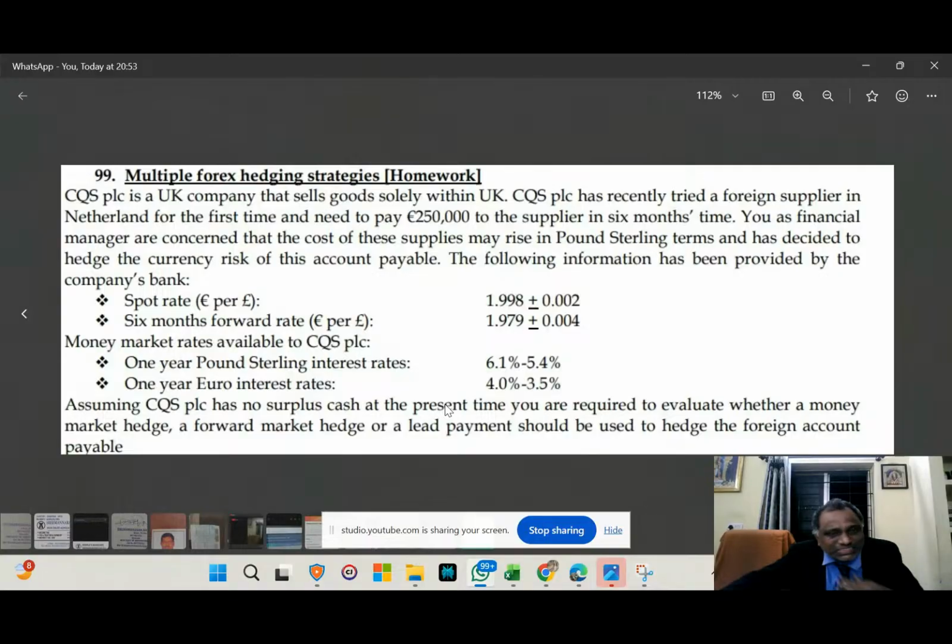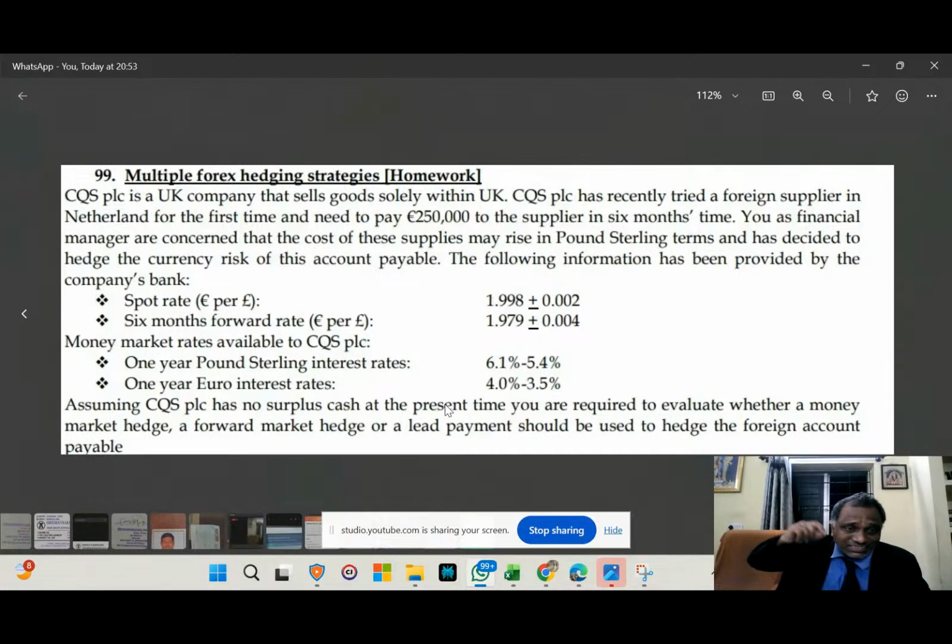The 6 months forward rate, 1 euro per dollar, 1.973, 1 euro per pound, 1.79 plus or minus 0.004.